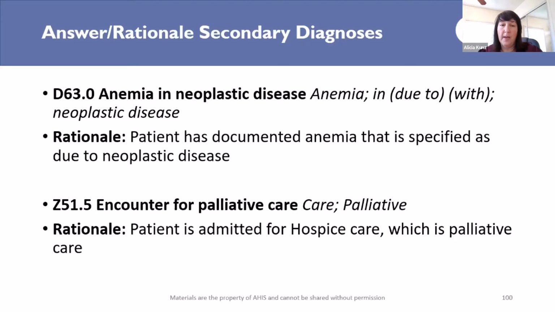True, but this code would not be an appropriate principal diagnoses. So when it comes to hospice, just remember this. The reason for hospice will always be your principal diagnoses. You do want this Z51.5 encounter for palliative care as a secondary diagnosis, true, but it should not be your principal. Next.